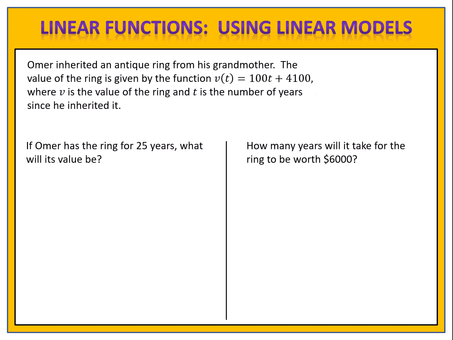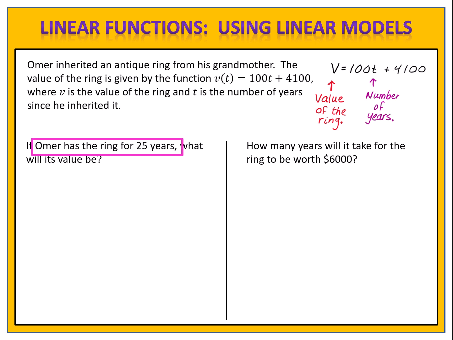Let's compare answers. The equation is v equals 100t plus 4,100. V represents the value of the ring. T represents the number of years. In the first part, Omer has the ring for 25 years. This is T, which represents the number of years since the ring was inherited.